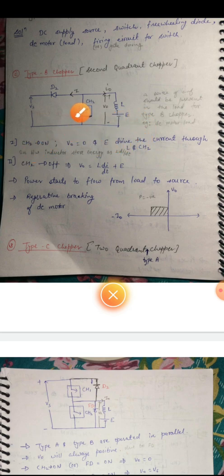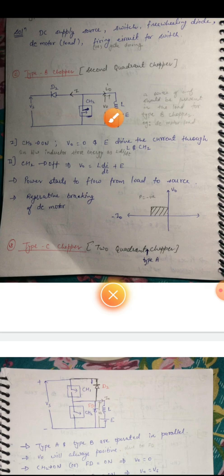So what if the chopper is on? If the chopper is on, the energy will be dissipated, because E is the back EMF.